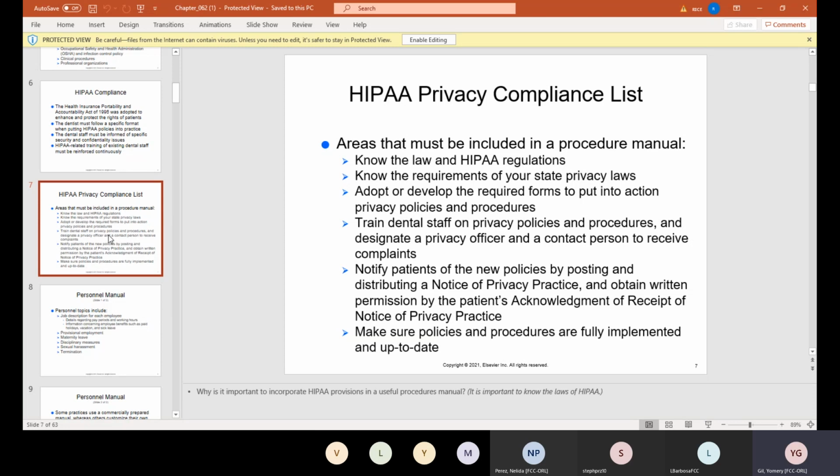Train the dental staff on privacy policies and procedures, and designate a privacy officer and a contact person to receive complaints. Usually that will be the office manager. Notify patients of the policies by posting and distributing a notice of privacy practice, and obtain written permission by the patient's acknowledgement of receipt of the notice of privacy practice. And make sure the policies and procedures are fully implemented and up to date.